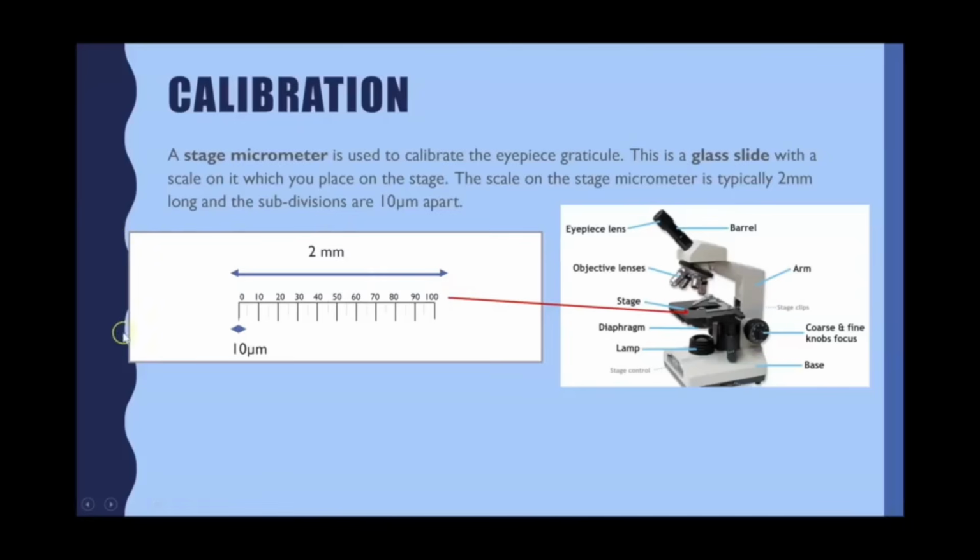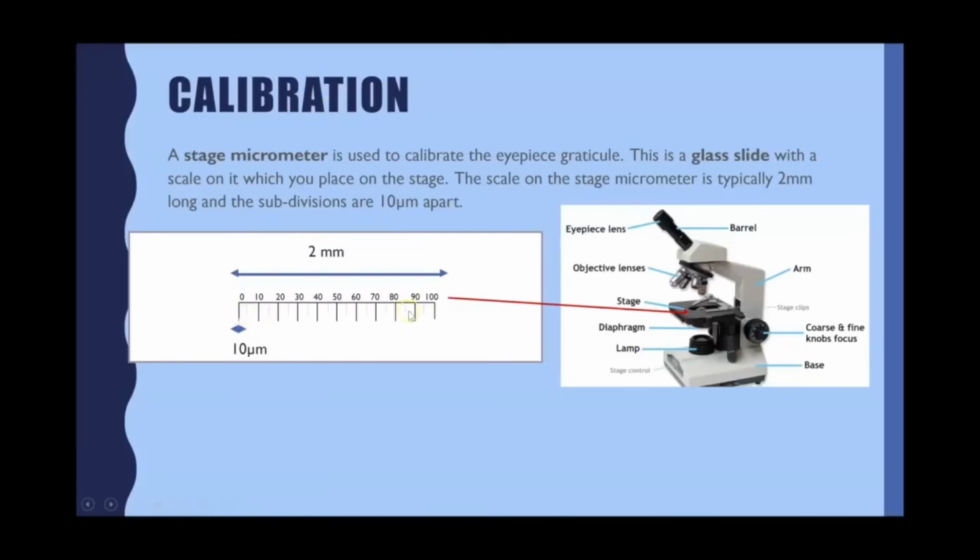This is a glass slide. It looks quite like a glass microscope slide. It's called a stage micrometer because this is the scale that you'll place on the stage, and it's measuring distances in micrometers.